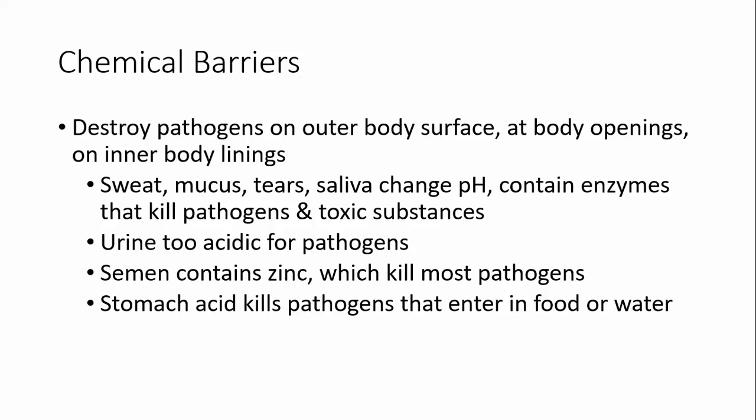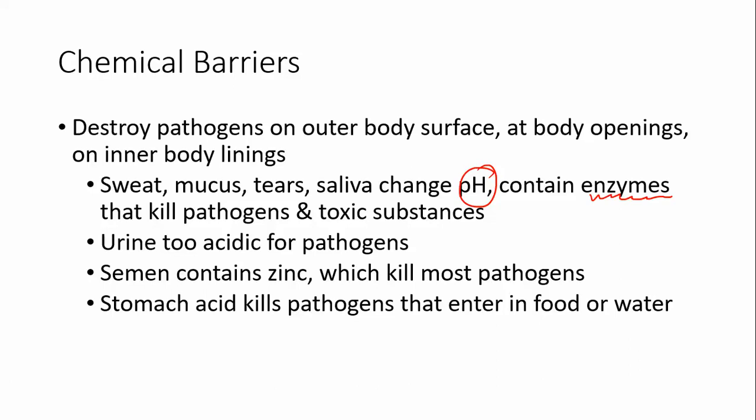They're going to destroy pathogens chemically. A very common way to do that is to modify the pH or have enzymes. So sweat, mucus, tears, and saliva can either change the pH, contain enzymes that will break down pathogens, contain substances that are toxic to pathogens but not to your own cells, or do some combination of them.